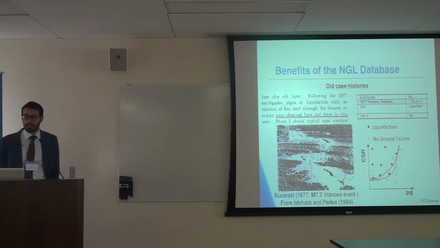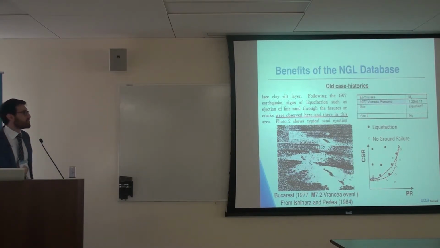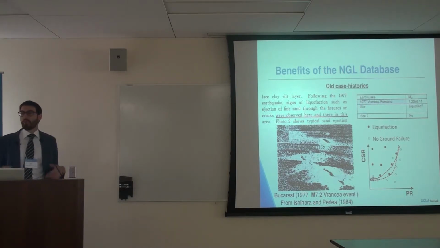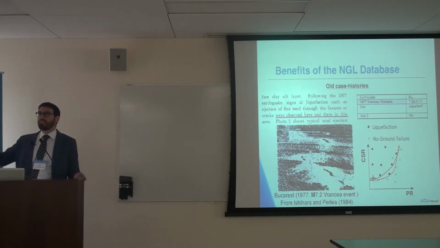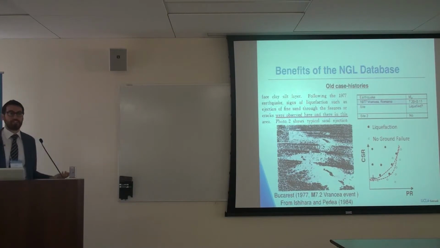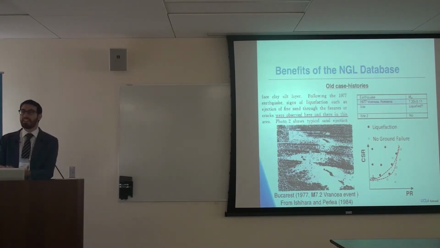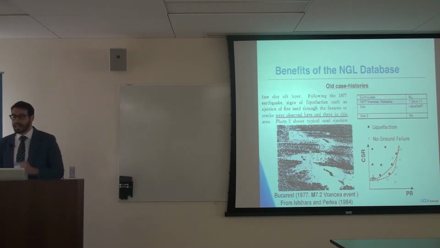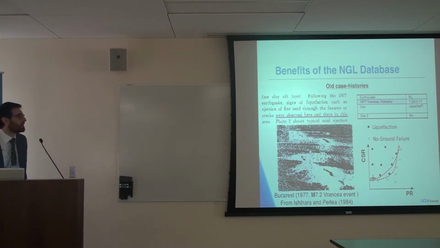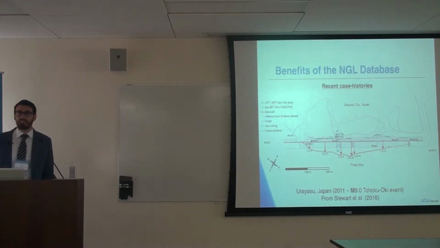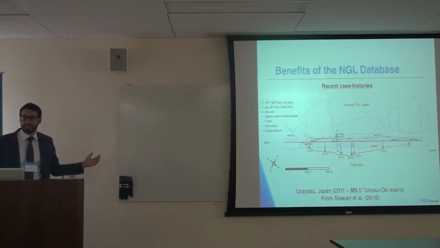The only account that we have for these liquefaction features is that there were fissures and cracks here and there. So we may have uncertainties in the demand, we have uncertainty in the capacity, of course, of the site, but we can handle these uncertainties within the database in a very robust manner. Of course, for more recent case histories, we have a lot of documentation.